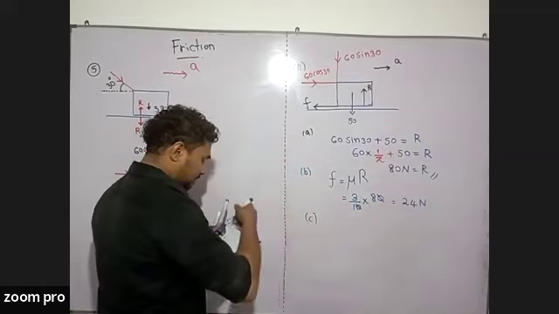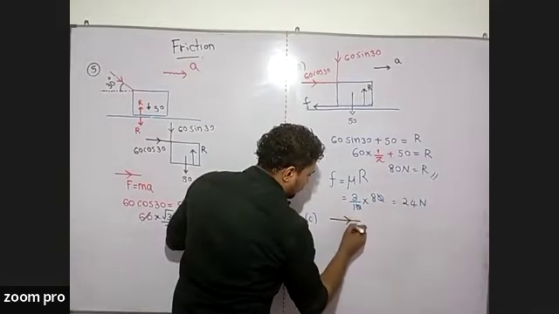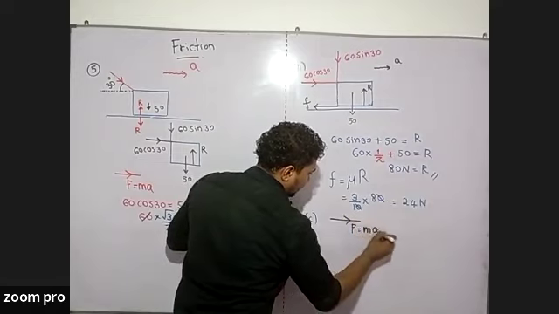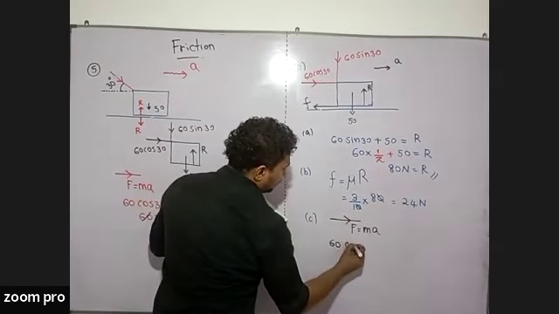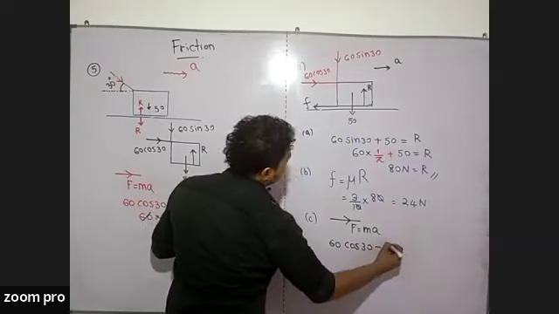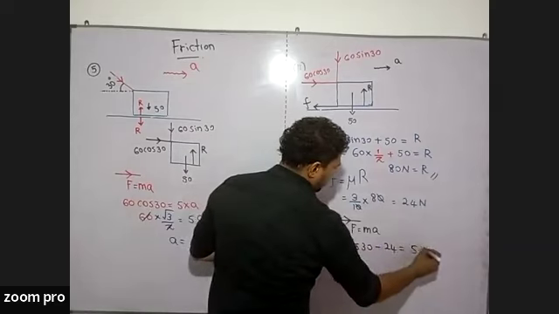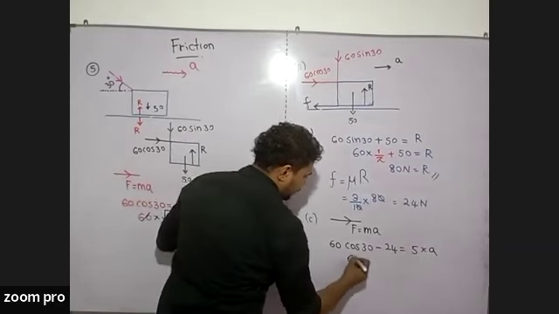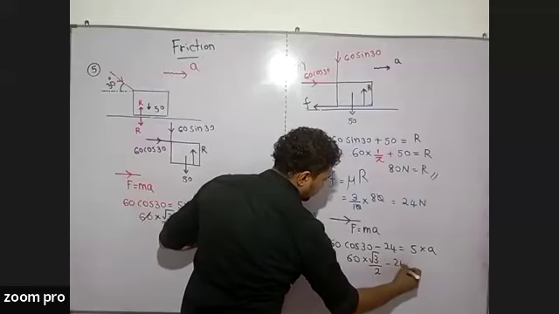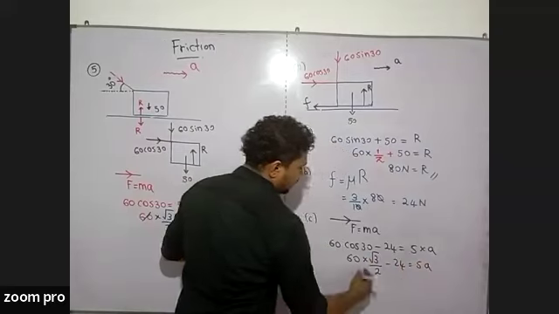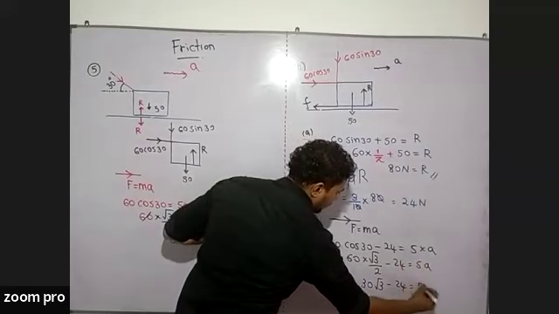In part C, we have to find the acceleration of the object, right? So now let's apply F equals ma horizontally. Then we have two forces horizontally. The first one is 60 cos 30 minus 24 equals ma. If I further simplify this, then we have root 3 over 2 times 60 minus 24 equals 5a. Then 30 root 3 minus 24 equals 5a.